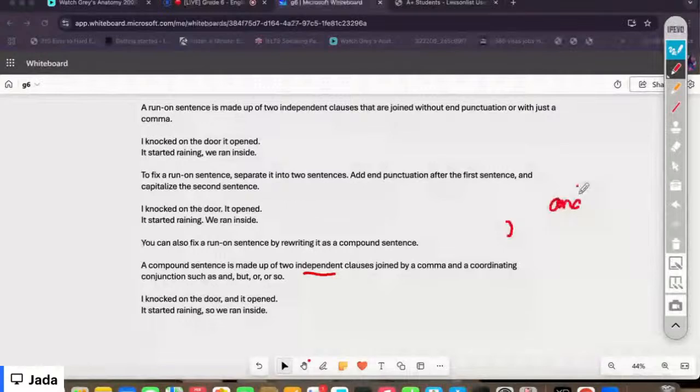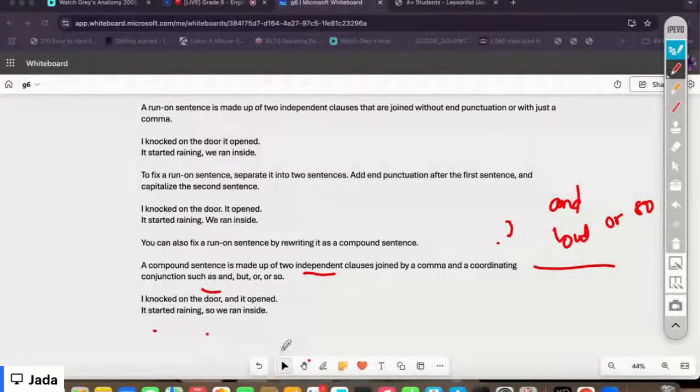We have the coordinating conjunctions and, but, or, and so. This is what makes up the compound sentence. So if you want to fix a run-on sentence, you can make it a compound sentence by adding a comma and any of these. It can be: I knocked on the door, and it opened. It started raining, so we ran inside.